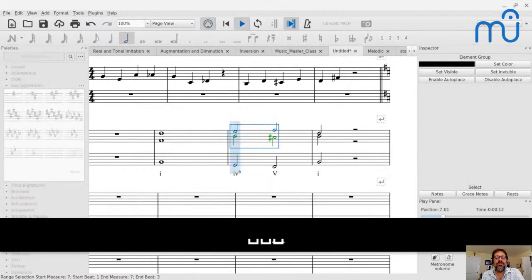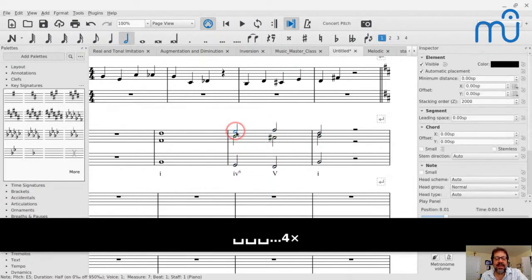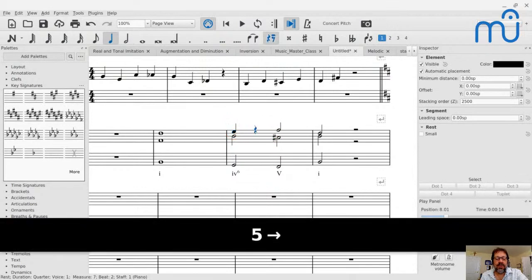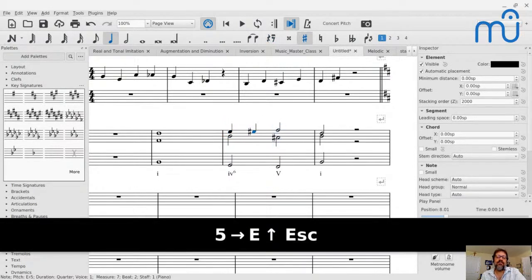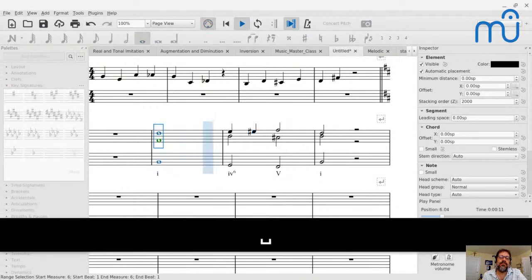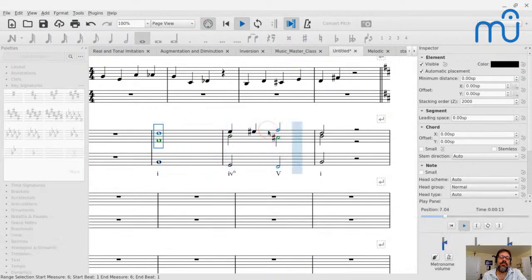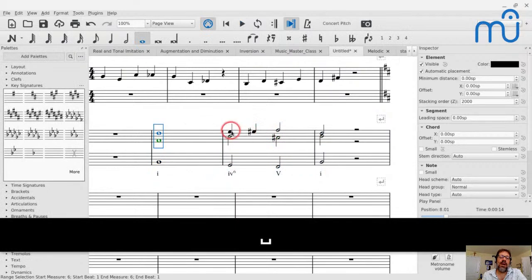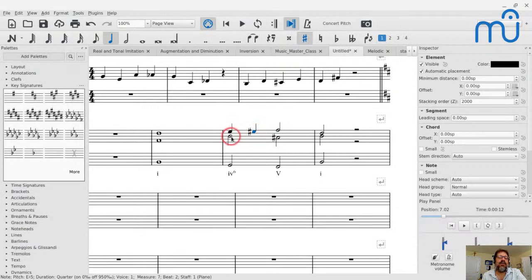So here's that measure. And now if I take that E and I throw in a little passing tone. So I've still got my E minor, but now I have that E sharp in there.